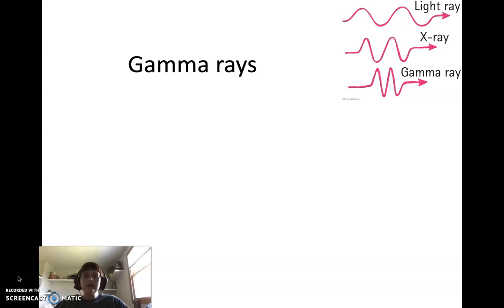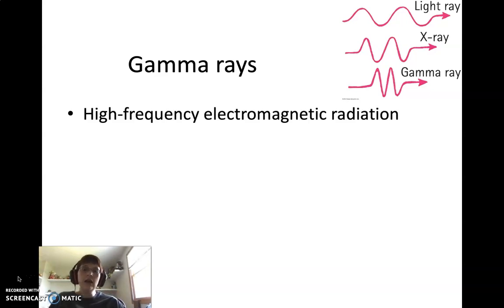And then the last we get are gamma rays. So gamma rays, these are a little different. Like I said, they are actually not particles that are emitted during the decay of the nucleus. These are high frequency electromagnetic irradiation. So when we saw the electromagnetic spectrum before, we saw there were light rays, there were X-rays, and then gamma rays.